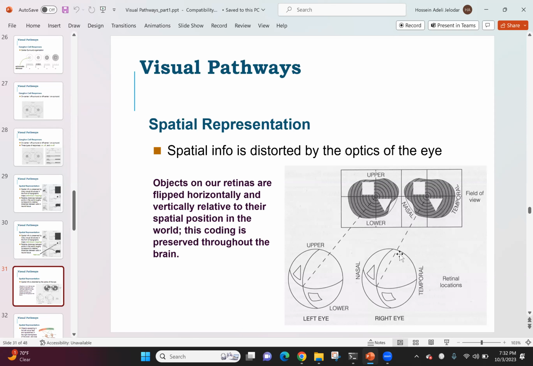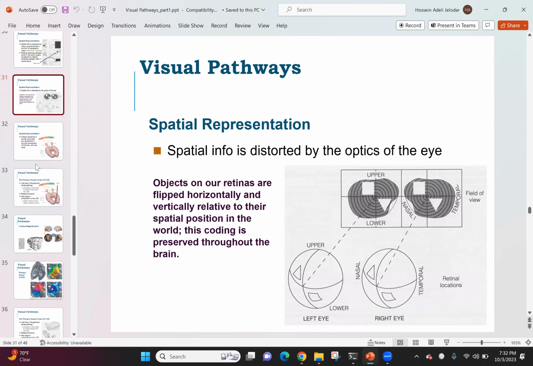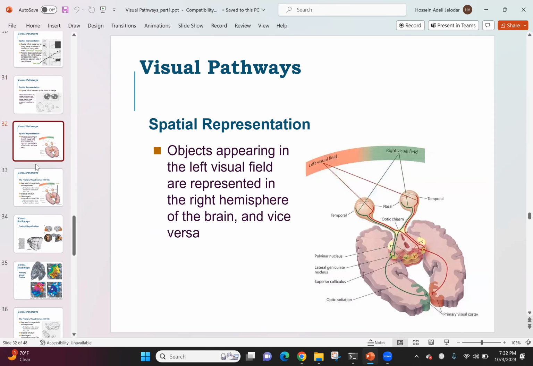Does that make sense? That's retinotopic organization, because whatever happened in the retina is maintained throughout the brain. So objects appearing in the left visual field are represented in the right hemisphere of the brain and vice versa. You all understand how that happens now, right?